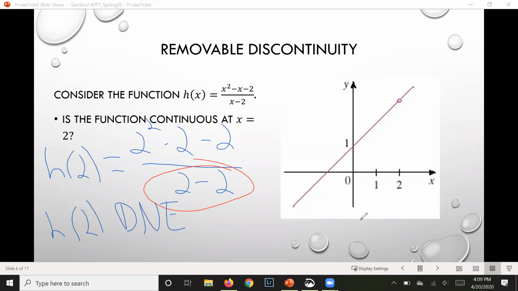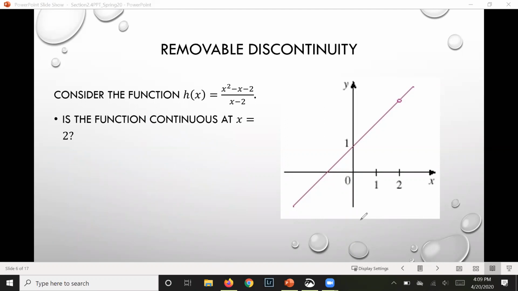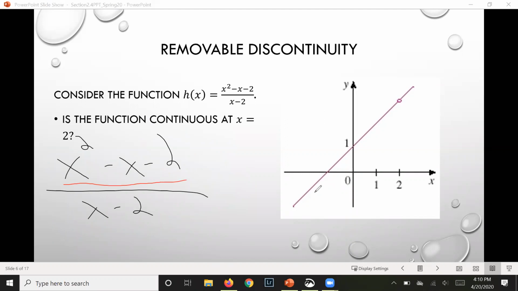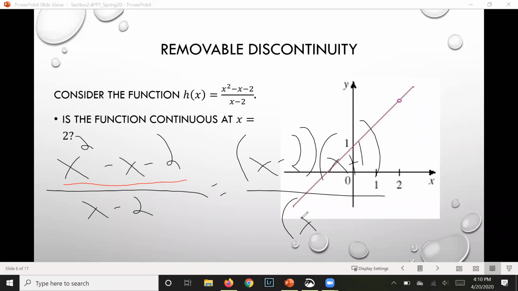However, watch what happens if I do this. So I'm going to take that x squared minus x minus 2 over x minus 2. And looking at the top there, I think that this part factors. What do you guys think? Well, let's take a look at it. If I rewrite this as x minus 2 times x plus 1 for the top over x minus 2, is that top part the same?